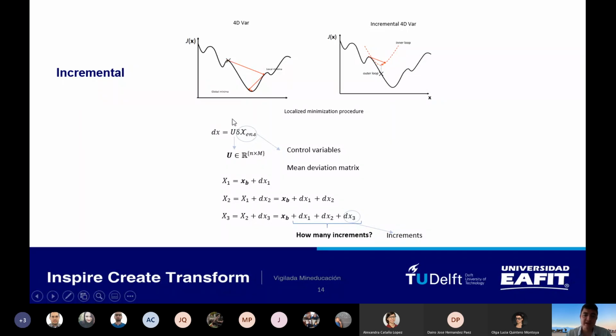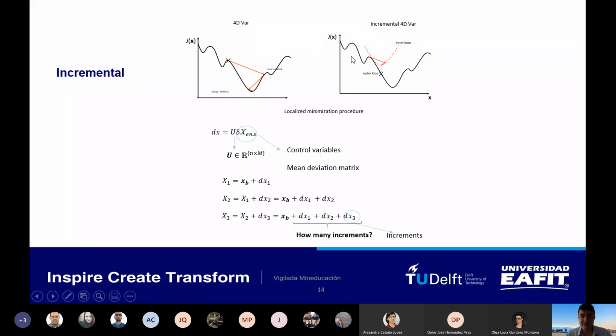You can see how the increments can be visualized as a mapping to a control space variable. When you make this change, you can understand that we are going to make different small steps in order to update the background.